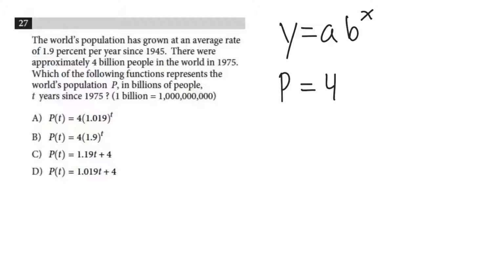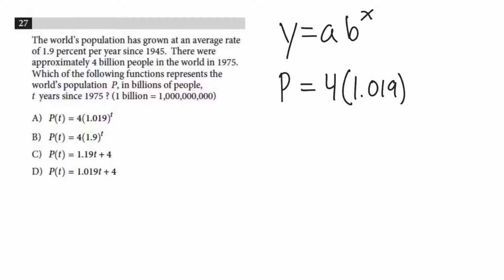And we know that every year it grows by a rate of 1.9%. So each year is 100% of the year before plus 1.9%. So that's going to be 0.019. So this would be equivalent to 1.019, which is equivalent to 101.9%.